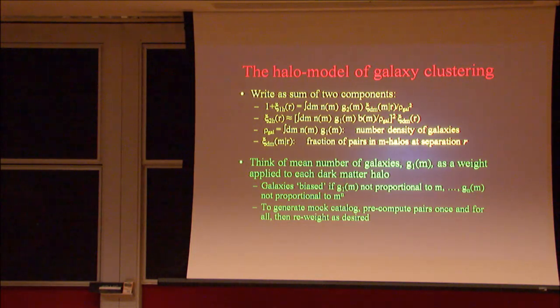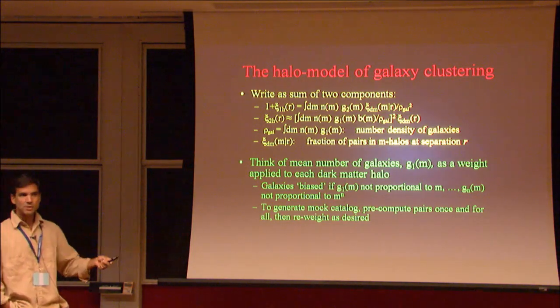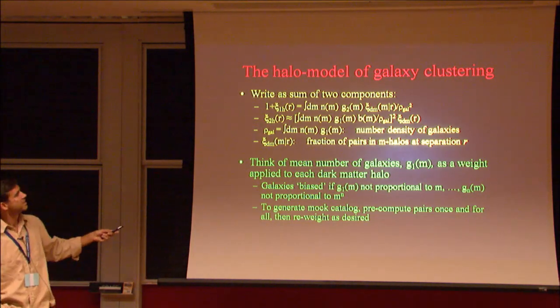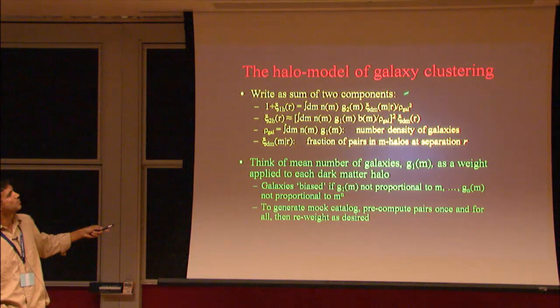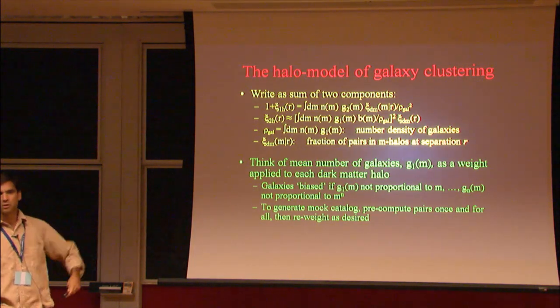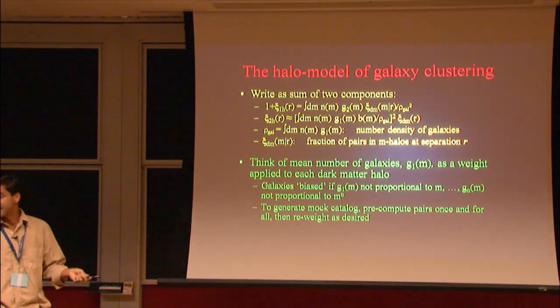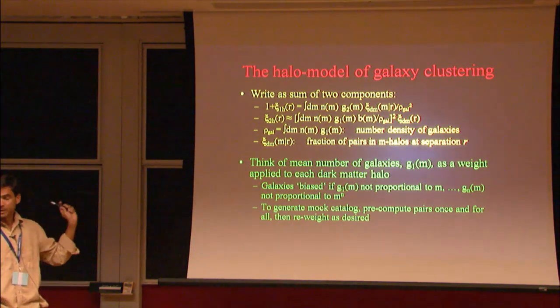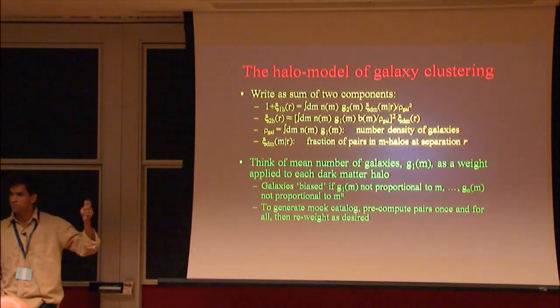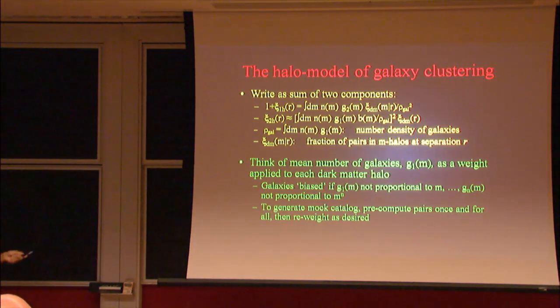And when David was talking, he made this comment that the way the halo model works is you typically just say that this depends on halo mass, but there's no particular reason why you can't treat this as a vector of all the variables that might matter for halo formation. So when David put his slide up and he had luminosity as some function of halo mass and formation time and all that stuff, it just sits in this vector here, and nothing else changes in the formulation.